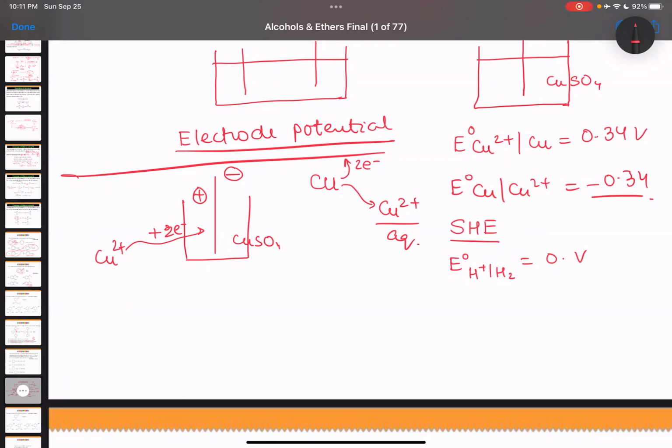You need to connect it to another electrode, then only you will be able to find out whether it is giving electrons or taking electrons. Independently, if it is not connected, you are not able to find out. You need current to flow. That is going to tell you whether it is gaining or losing its electrons.